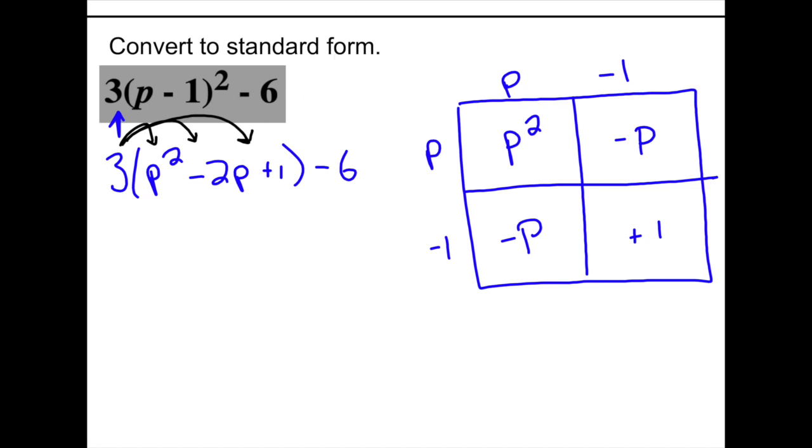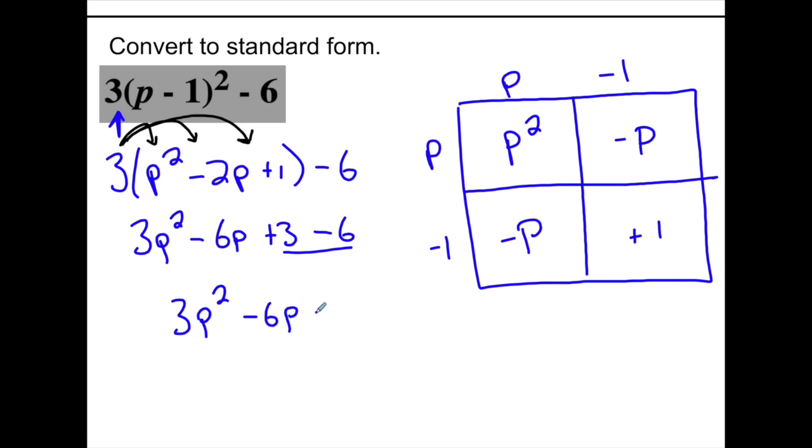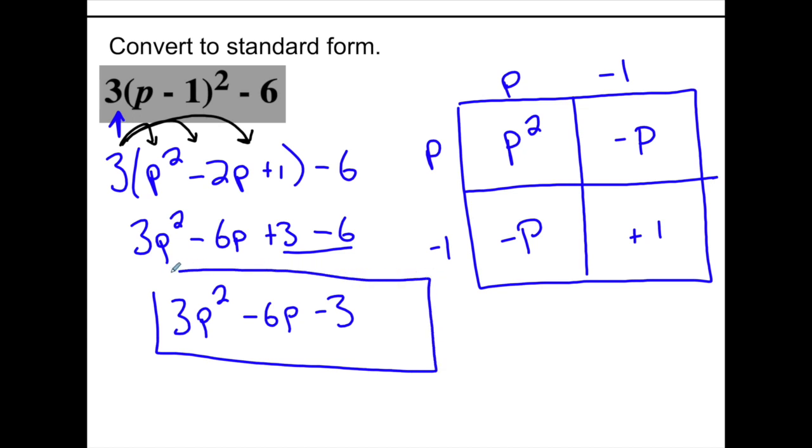And when I do that, what I'm going to get is 3p squared minus 6p plus 3. And then the last step is to combine. So 3p squared minus 6p minus 3. Alright, so that's how you do that one.